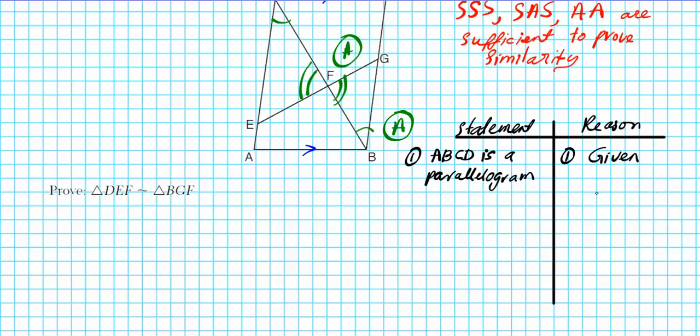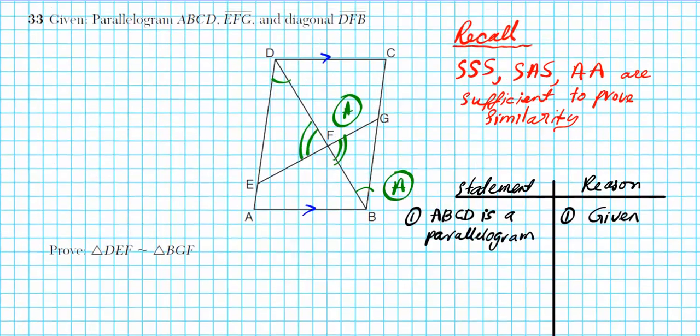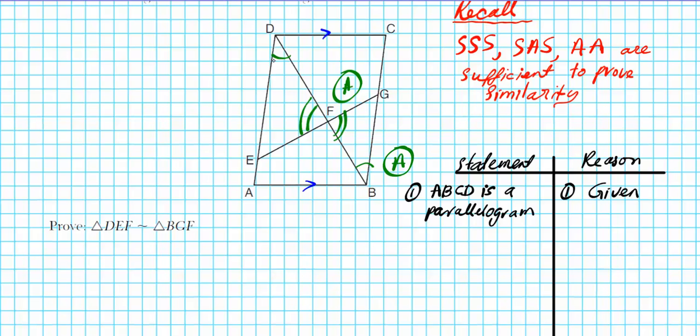All right, and let's talk about angle ADB and angle C. Well, let's focus on the triangles. Okay, so angle EDF and GBF. All right, so statement 2. Well, before we can talk about these alternate interior angles of two parallel lines cut by a transversal, we have to state that these two lines are parallel.